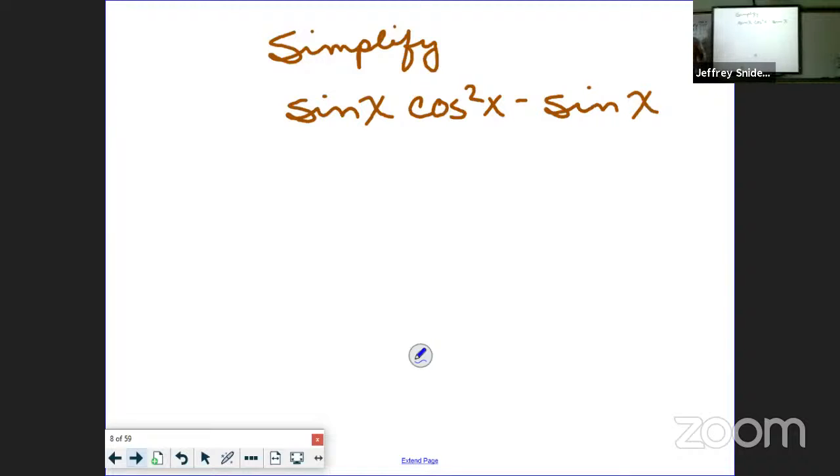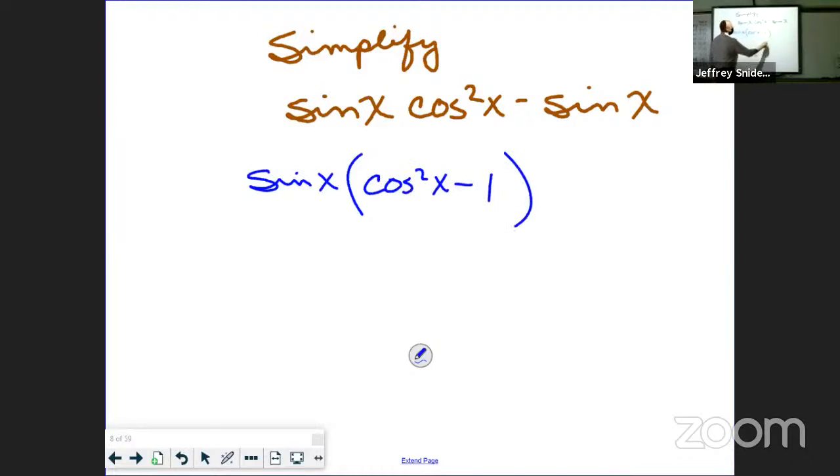So this is where we start using algebra skills from algebra 2 and algebra 1 with our trig. What's the GCF? Sine x. Factor it out. What am I left with? Cosine squared x minus 1.